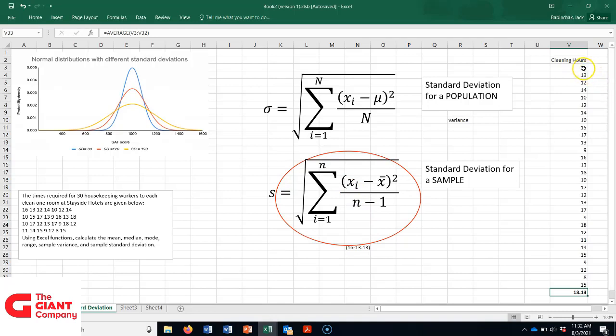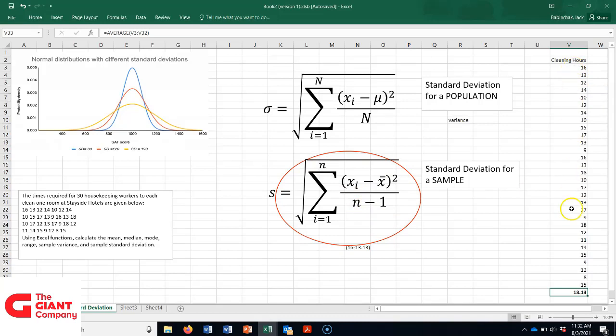So the same thing though would be the first observation minus the average of the sample squared, plus the next observation minus the average or mean of the sample squared, plus, and we go all the way down to the last one, 15 minus 13.13 squared. And then we divide that by n minus 1.